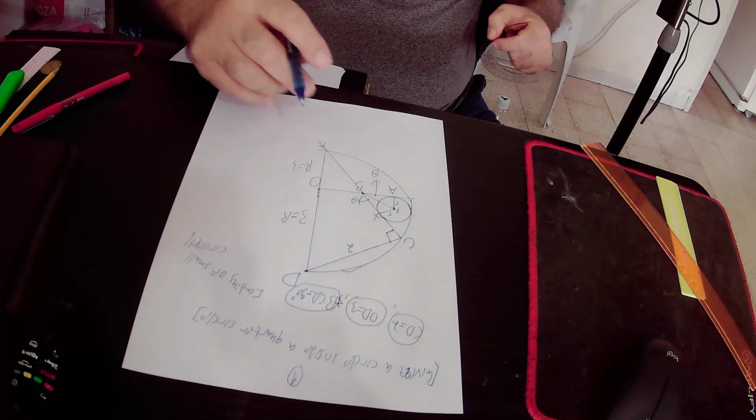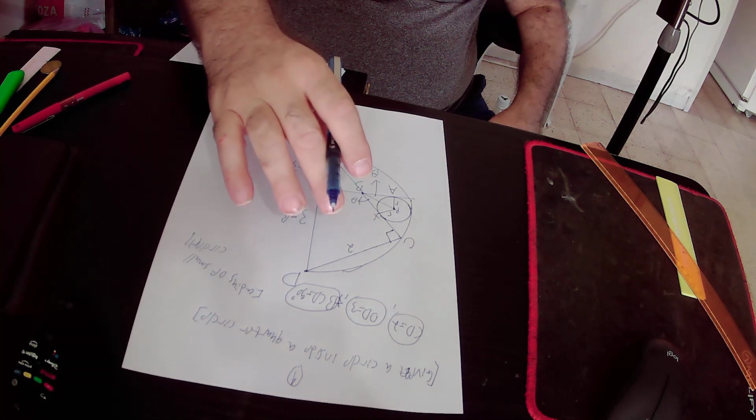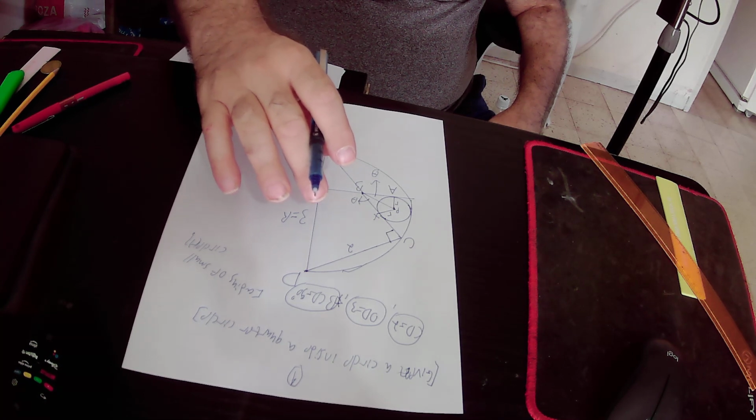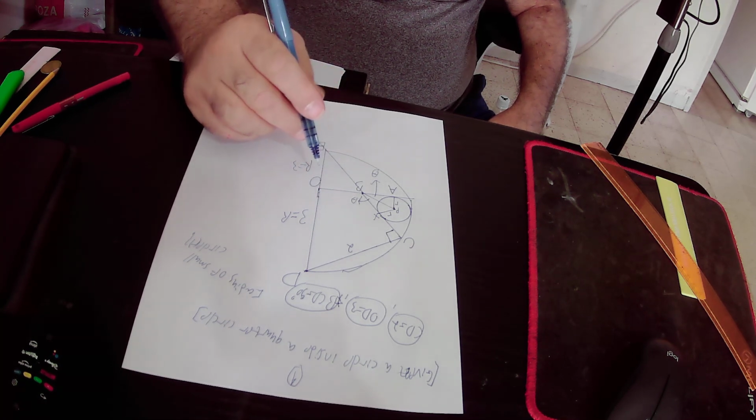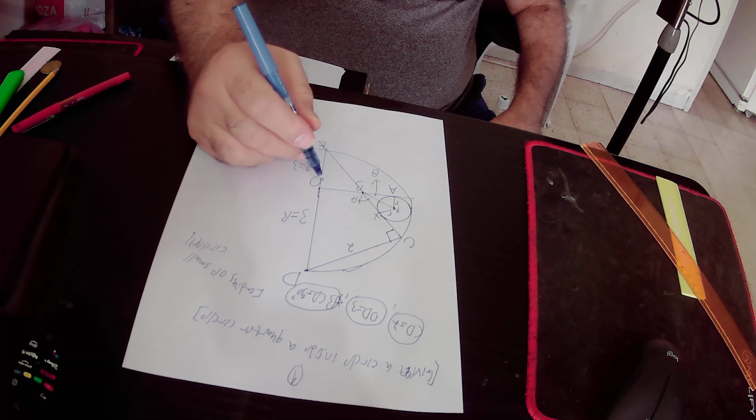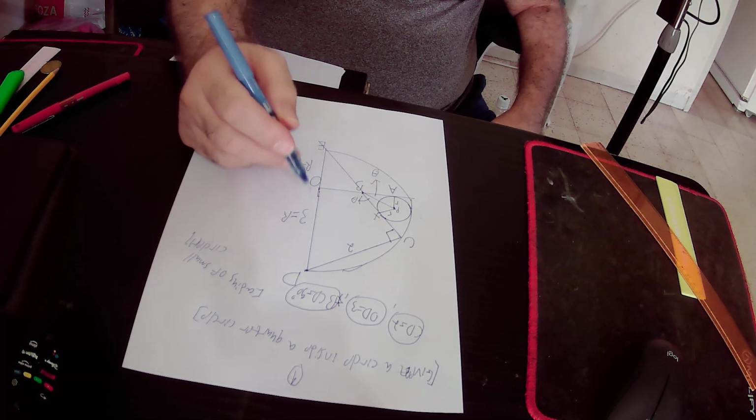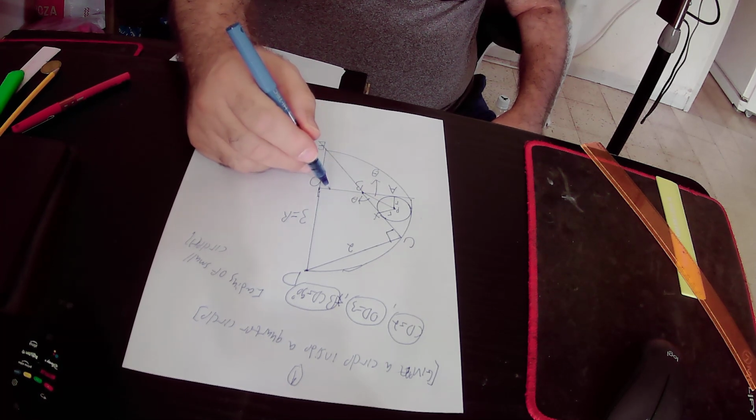Again, because we have been given a quarter of the circle, angle DOA must be equal to 90 degrees.